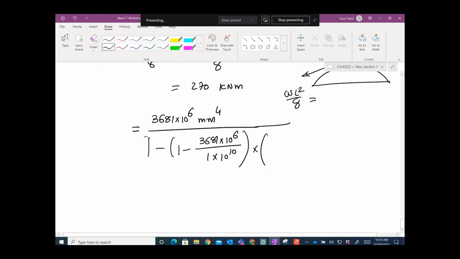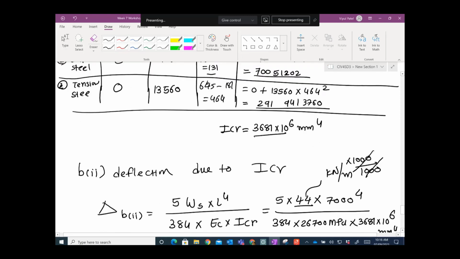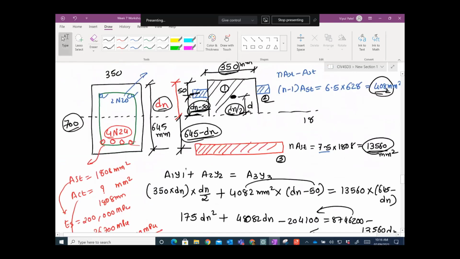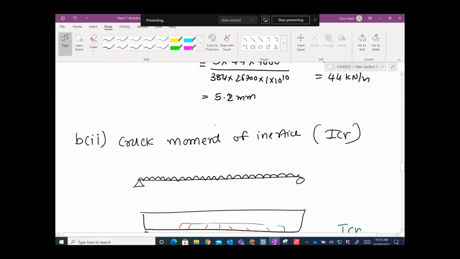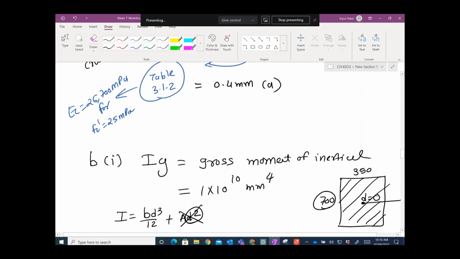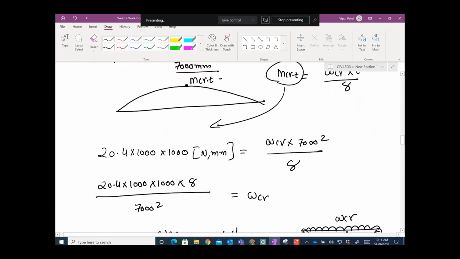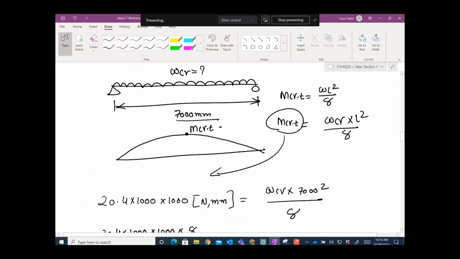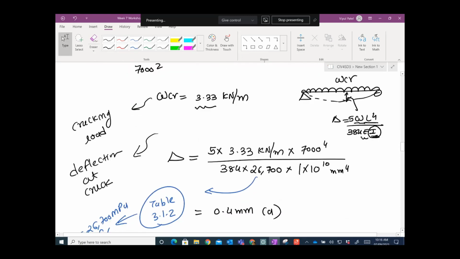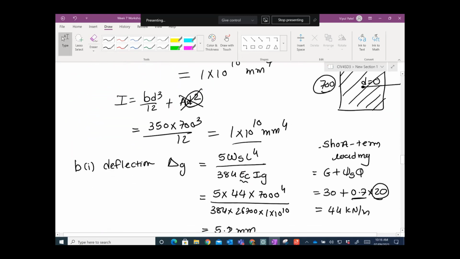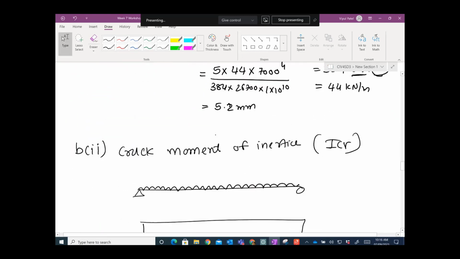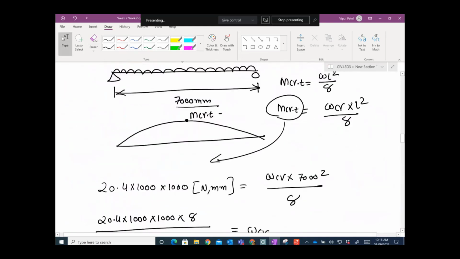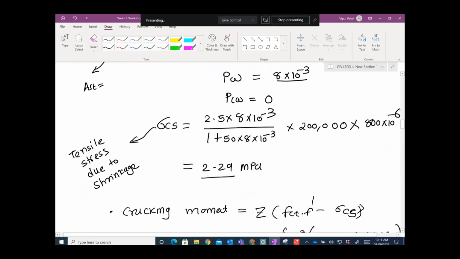Cracking moment, M crack. I think we calculated the cracking moment before. Let's get that cracking moment from somewhere. I think there was a cracking moment and inertia. Where did we calculate those? Oh, here you go.